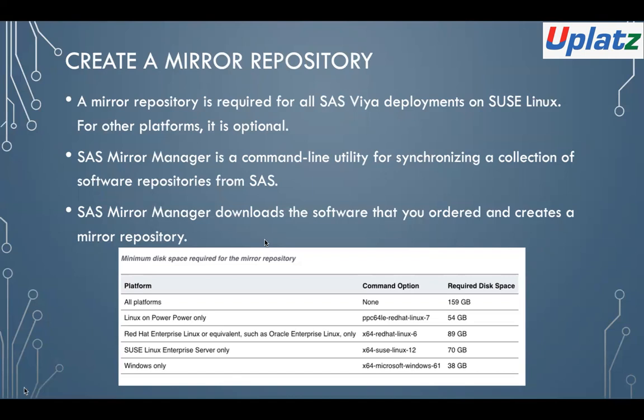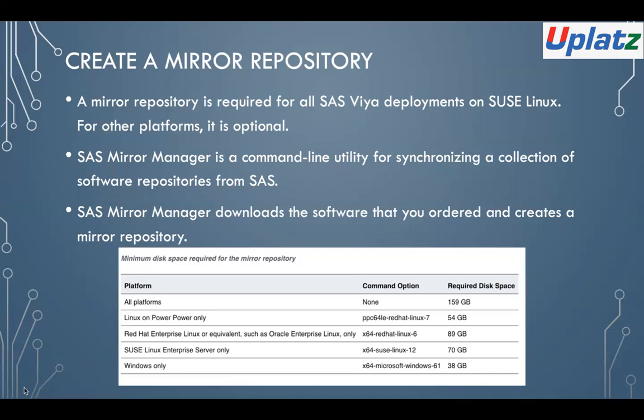Based on that, you will be directed to the SAS Mirror Manager download website, and there you will download the SAS Mirror Manager. And once it is downloaded to your machine, you can use that to create your repository, right?